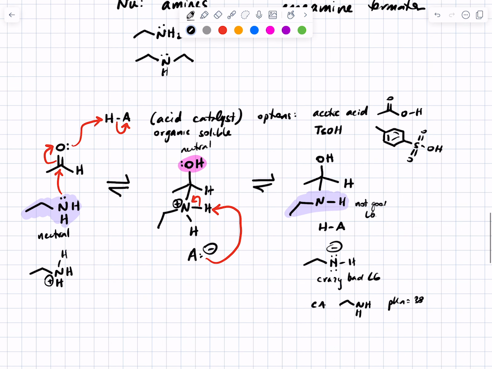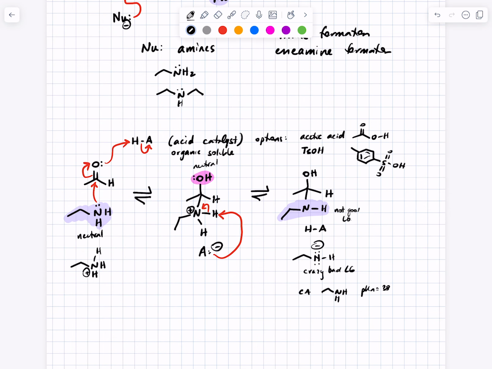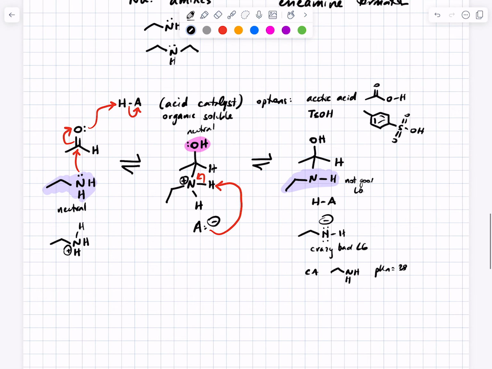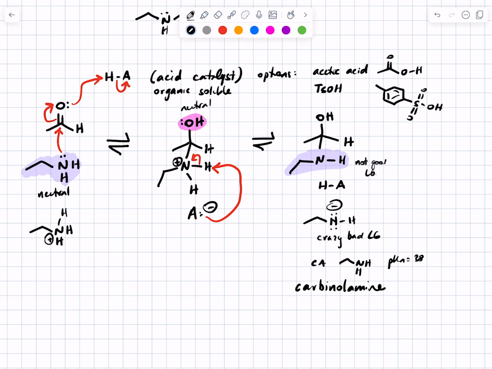And this intermediate has a name in your text, and that name is carbinolamine. It's not the end point of this reaction, but it's an important intermediate along the way. One of the things that's useful to pay attention to is that even though we've changed a lot here, we still have the same number of carbon heteroatom bonds.